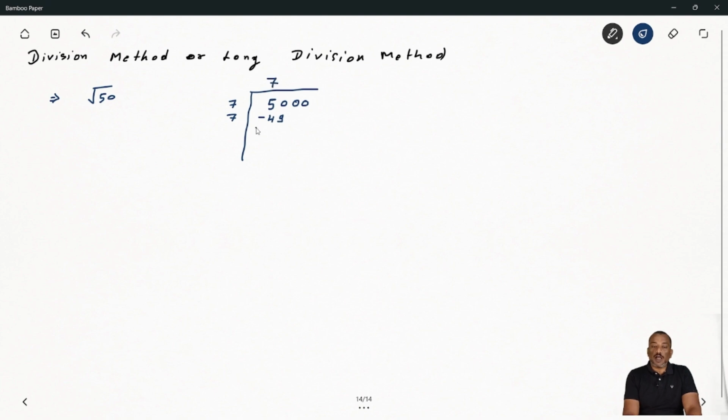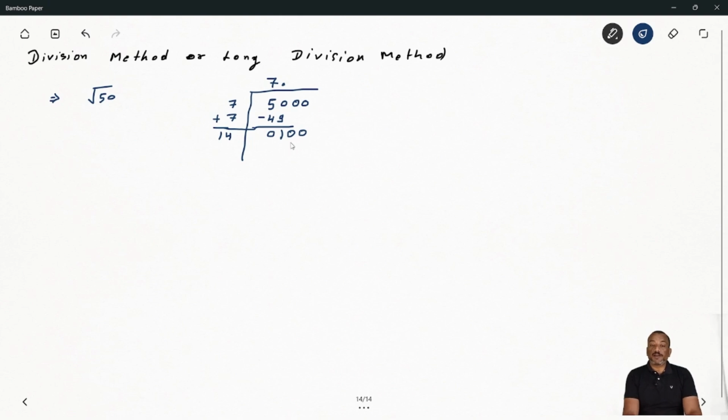Now you will get 1 and here you add 7 plus 7, how much? 14. Now you have to bring down a pair of zeros from the dividend, and when you bring a pair of zeros you have to put a decimal. So now you are getting 100.